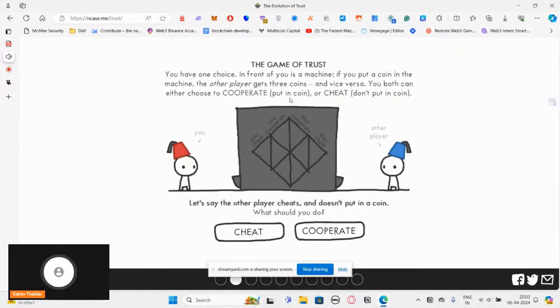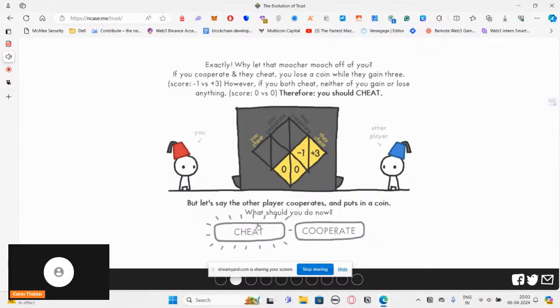So basically, let's say if I cheat, the other player cheats, we both don't get anything, right? If they cheat and I don't, my points get reduced by 1 and they get +3. If I cooperate and they cooperate, we both get equal points.